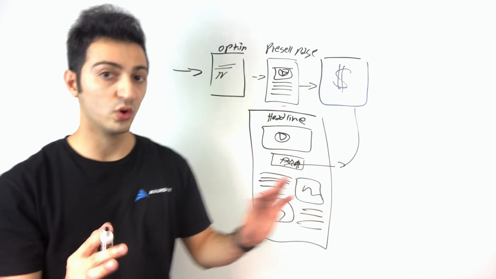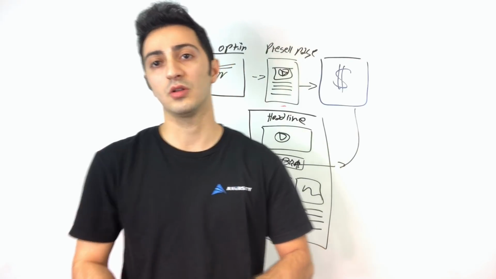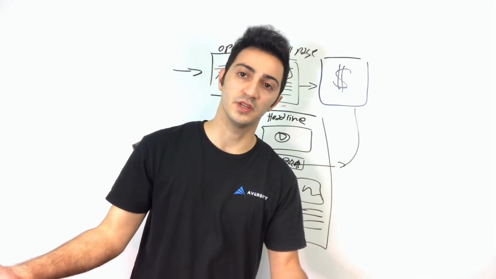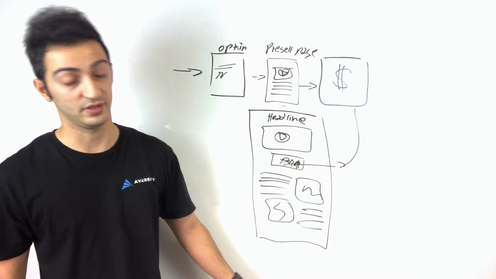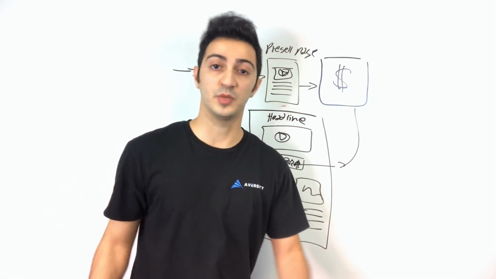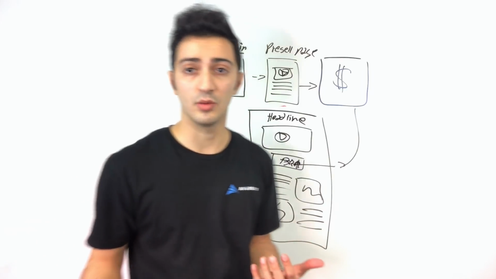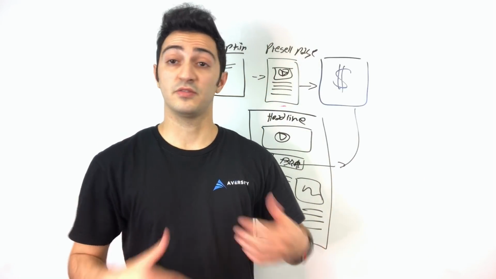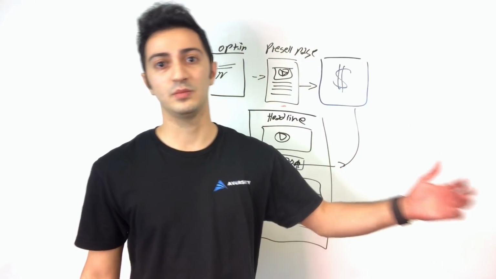So you want to have a hybrid page. This is what we call a hybrid page. The idea here is that if someone doesn't want to watch the video, they can just review the content. So it's very important, because in our company we've tested different types of sales pages, different types of landing pages.